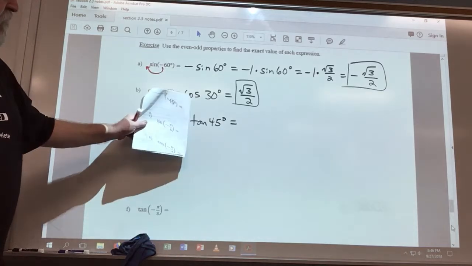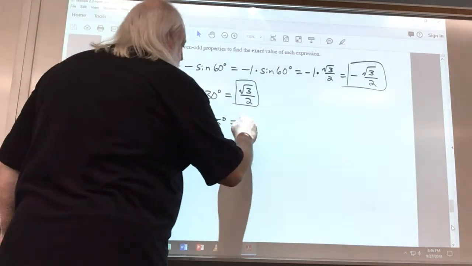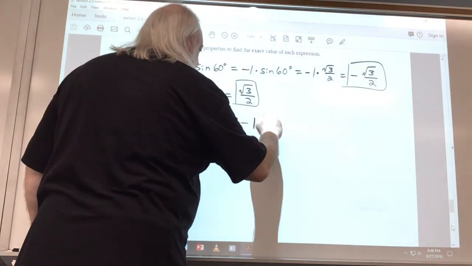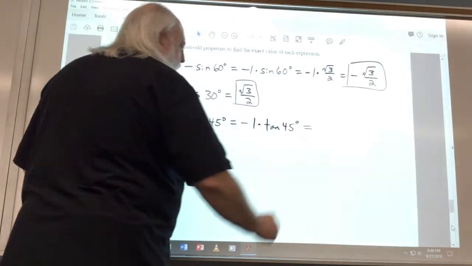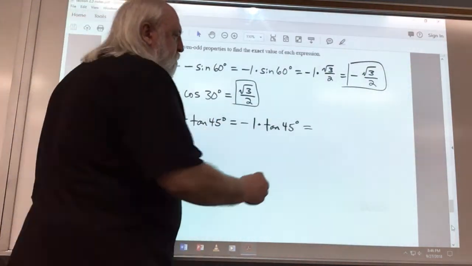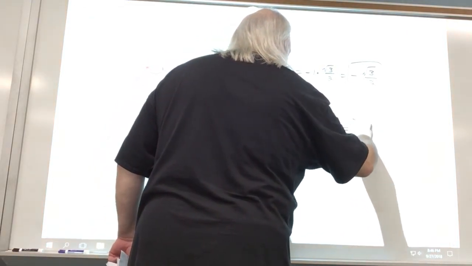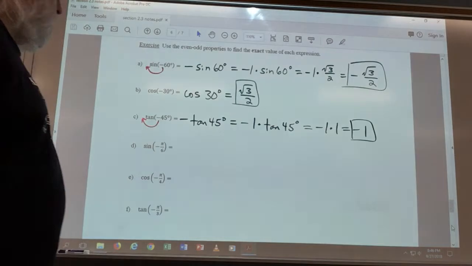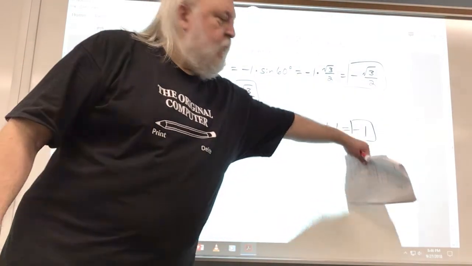Well, tangent 45 is equal to 1. Maybe we'll write it out. This is minus 1 times the tangent of 45 degrees. And we know that the tangent of 45 degrees is equal to 1. So this is minus 1 times 1, which is equal to minus 1. So the tangent of minus 45 degrees has a value of minus 1.